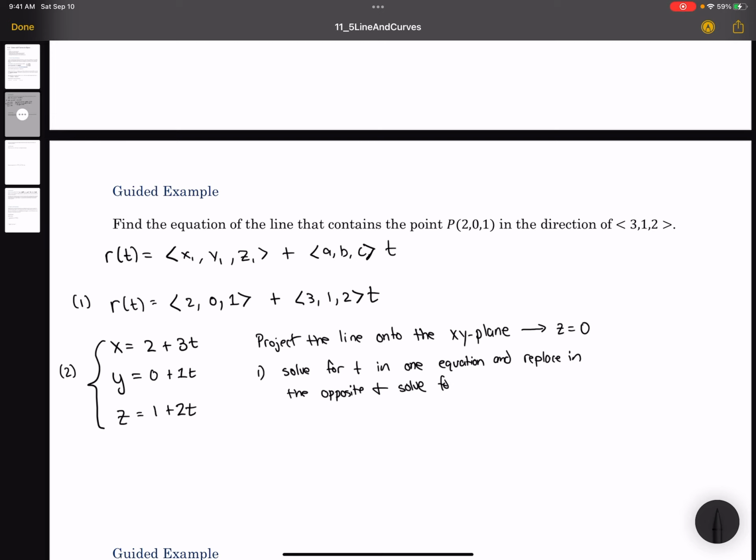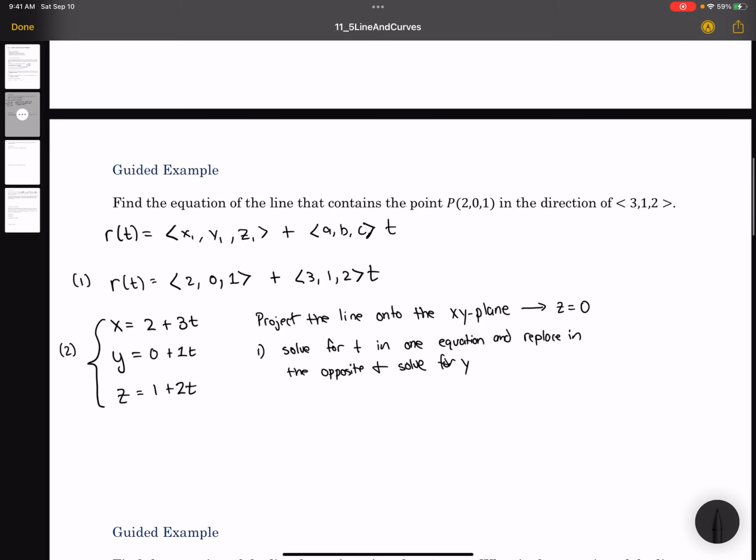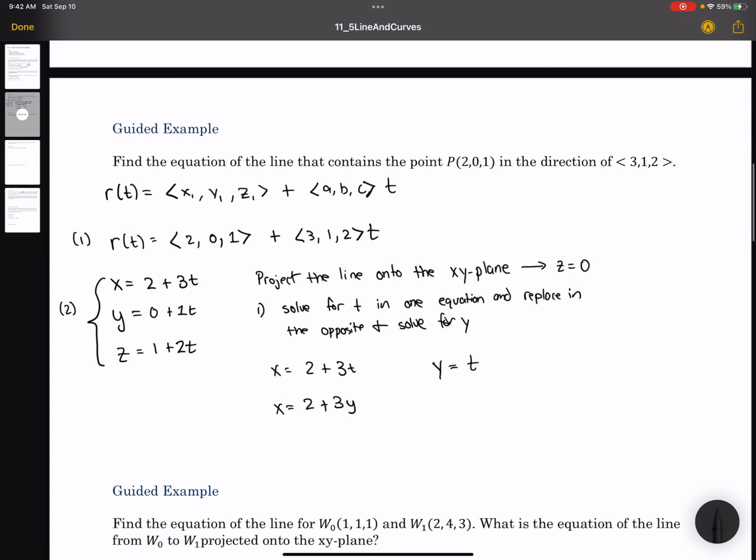And solve for y. So what we have is x is 2 plus 3t, and we also have y is 0 plus t, so y equals t. Conveniently, that works out nicely, because then we can just do a direct replacement. If y equals t, then x is equal to 2 plus 3y, and so then (x minus 2) divided by 3 equals y.